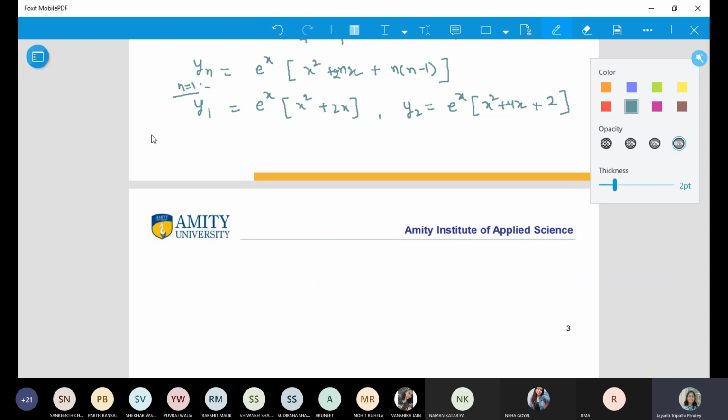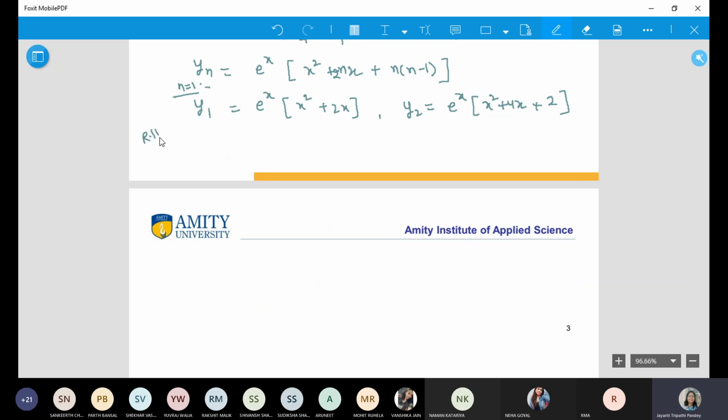So I am doing it for RHS. We have half n minus 1 into y2. So y2 is e to the power x (x square plus 4x plus 2) minus n into n minus 2.